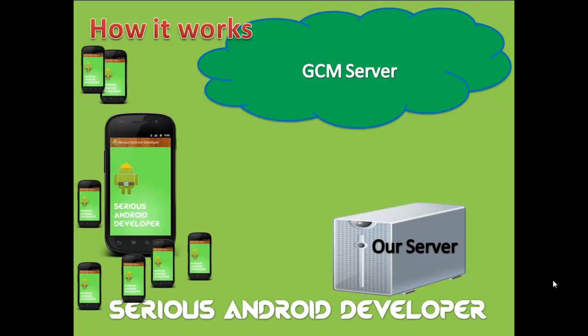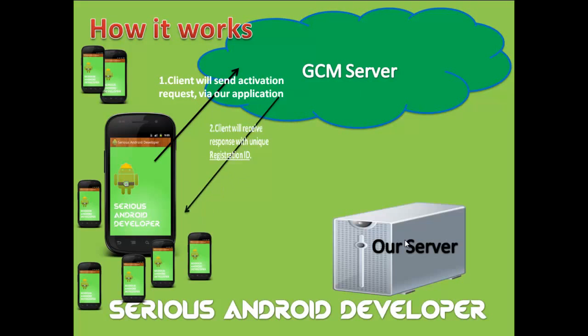Let us discuss the architecture, or how it works. This is the GCM server or Google Cloud, the Android phone with our app, and the application server. First, the app sends an activation request to the GCM server, and the GCM server immediately responds to the phone with a registration ID.